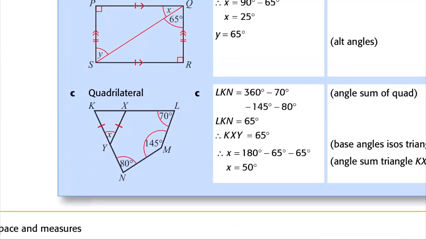Last one, an odd-shaped quadrilateral. You can see 1, 2, 3, 4. So first we need to find out what this angle is. So like I said, all quadrilaterals have 360 degrees. Take it minus this, minus this, minus this. You should get this answer here, which is what we call LKN. See? Answer is 65.